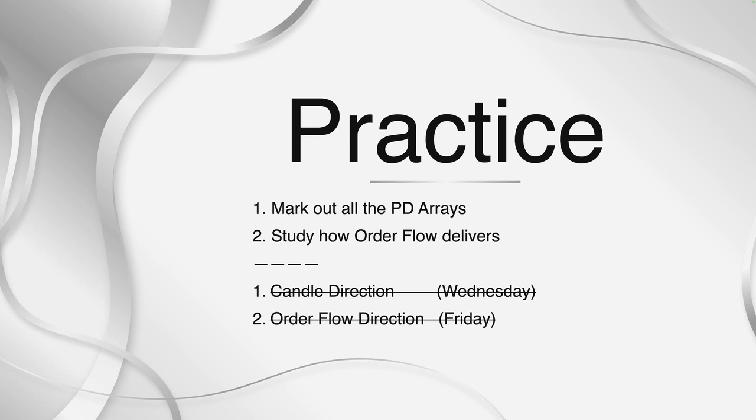You can study candle signs in between as well, and study, in combination with candle signs, how order flow is delivering. So simply looking at those time frames is very important, and then looking at those legs. That's what my advice would be. Look at those order flow legs and the time frames, and then eventually we can add in candle signs as well. So now we have gone over candle direction, and we have gone over order flow direction as well.